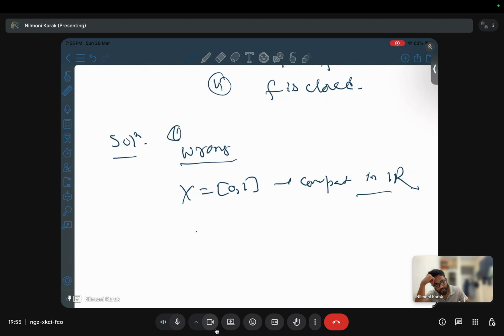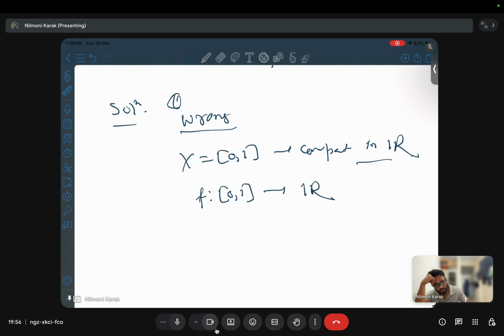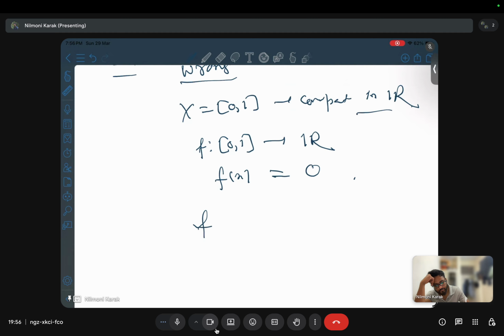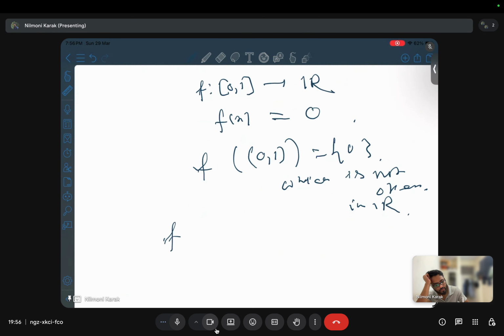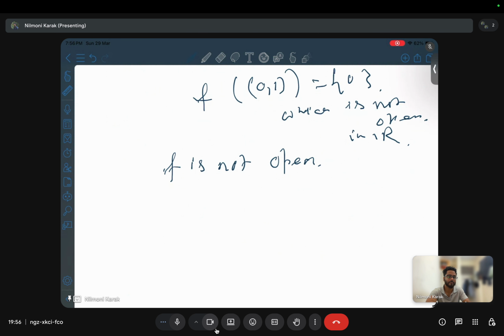And f from [0,1] to R, with f(x) just a constant function 0. Then the image is the singleton {0}, which is not open in R. So f is not open.